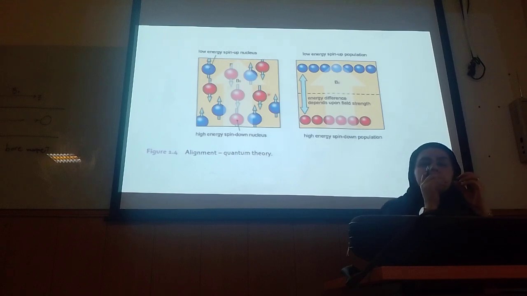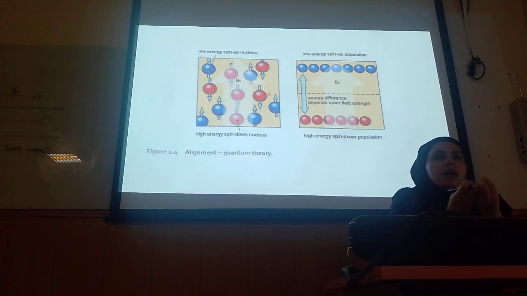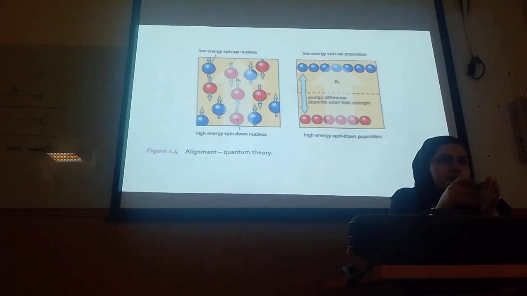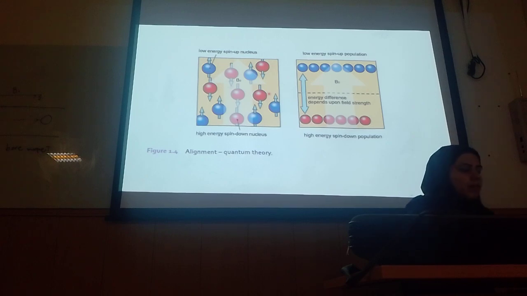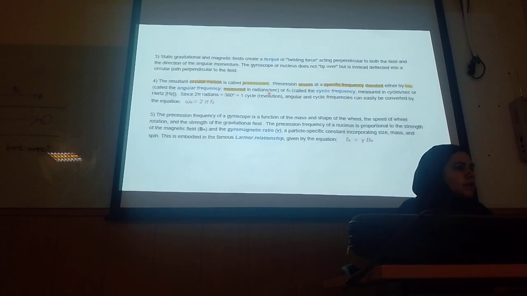If you have a number of nuclei, in this situation you have a tiny net magnetization. What is net magnetization? Net magnetization is the sum of the nuclear magnetic moments. It's called net magnetization.